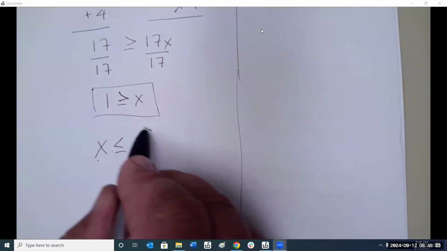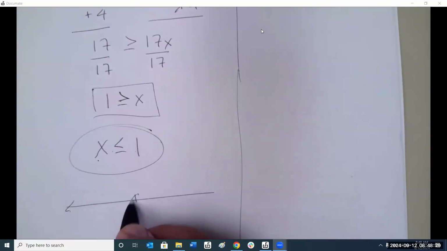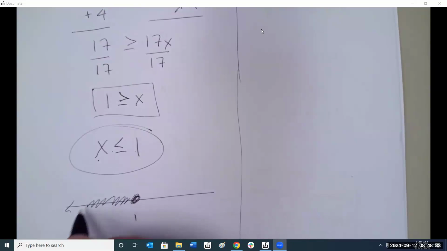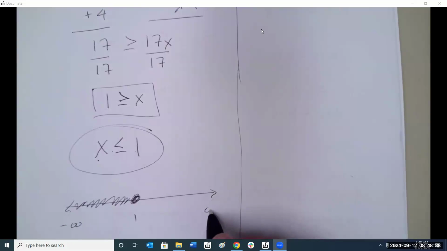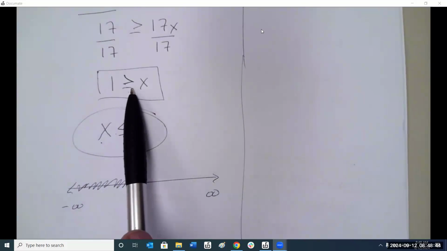So how would we graph this one? Right. It means the same thing here.